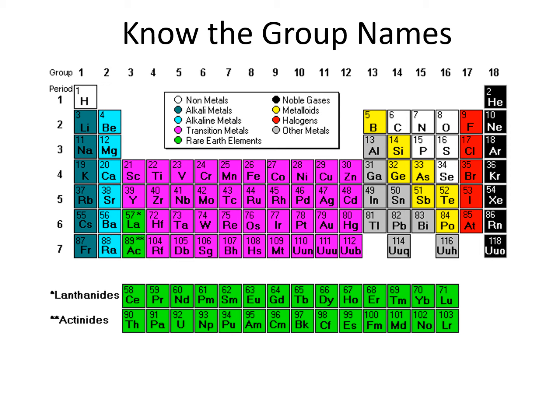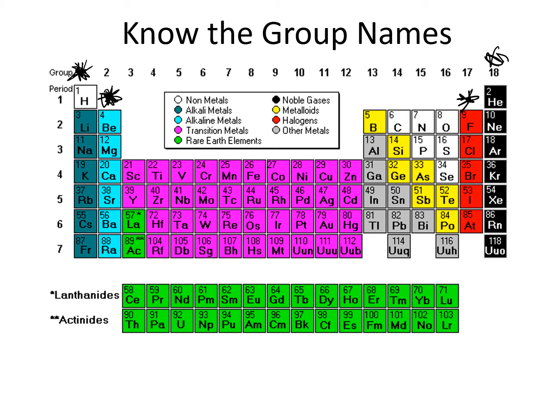So noble gases, halogens here, alkali metals or alkaline metals. These are the alkaline earth metals. So alkali metals, alkaline earth metals.